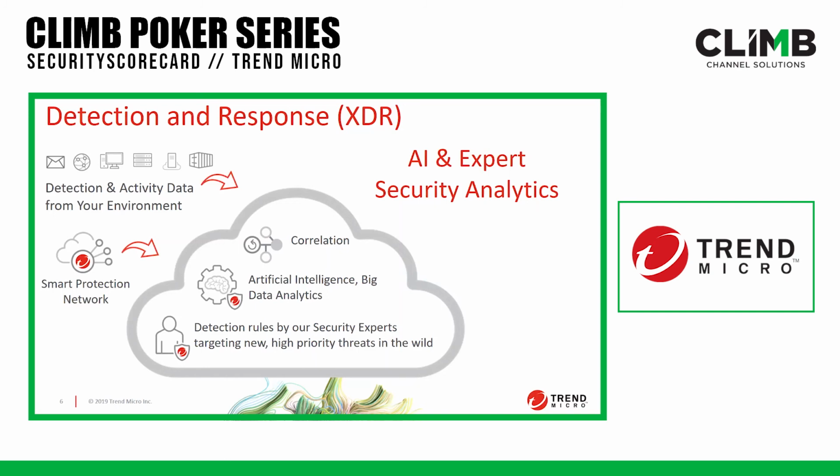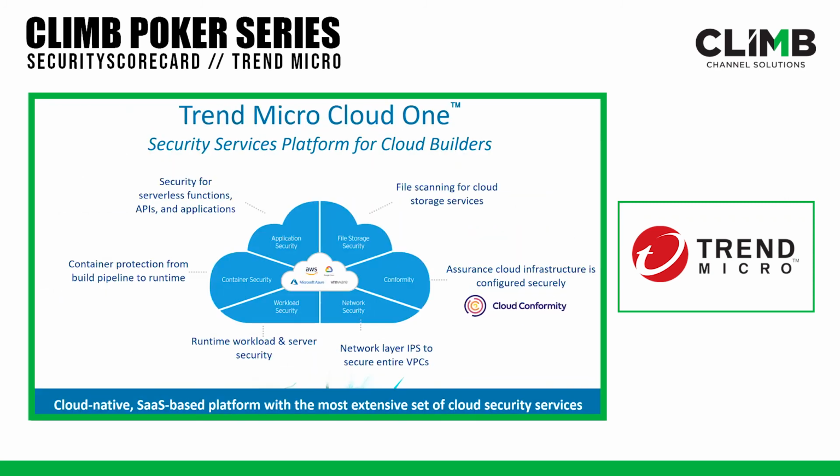But if you put it into this pool and correlate that data, you can see a lot more and detect a lot more. And that's what makes XDR and detection response so effective in today's security landscape. It provides artificial intelligence and big data analytics to correlate that data and root out security issues that you haven't found in other sources.